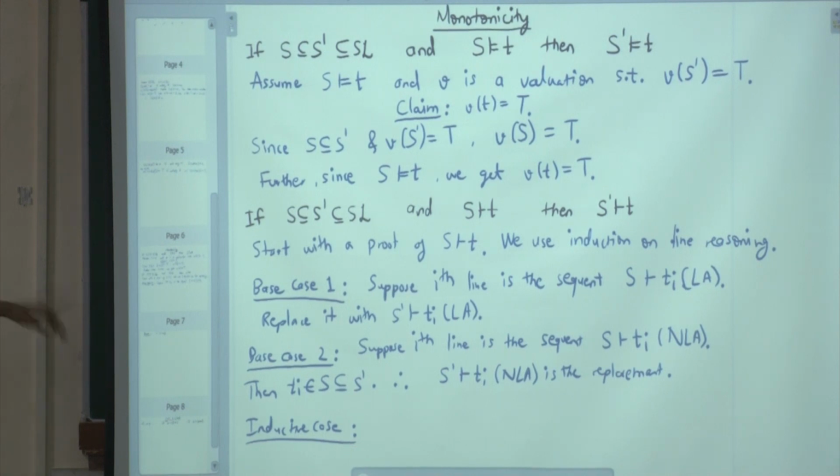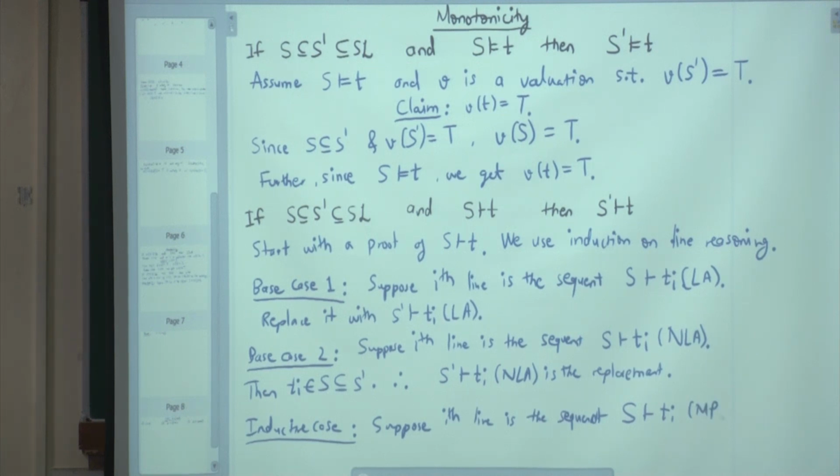Well, write it. Suppose the ith line is the sequent S proves Ti, by MP on two previous lines.